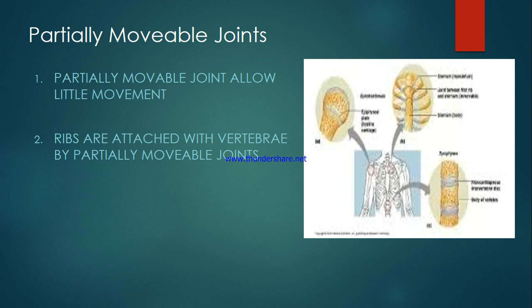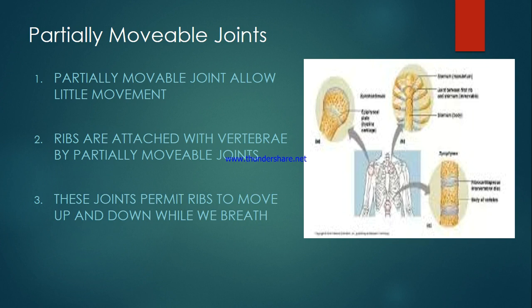Ribs are attached with vertebrae by partially movable joints. These joints permit ribs to move up and down while we breathe in or out.